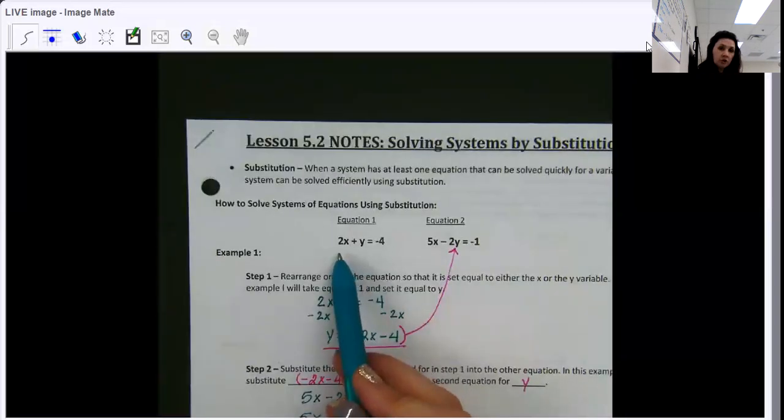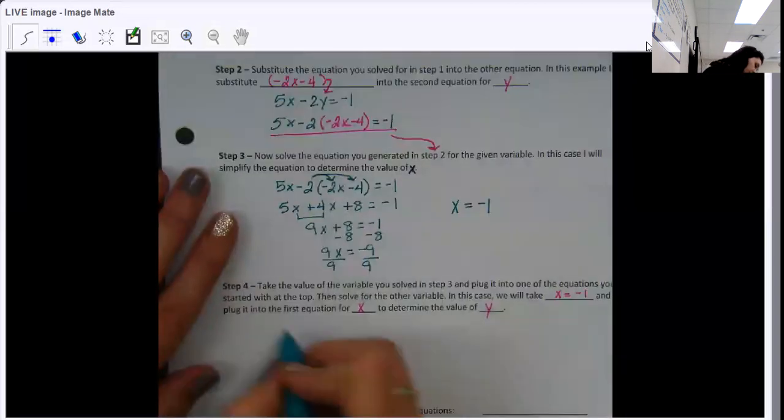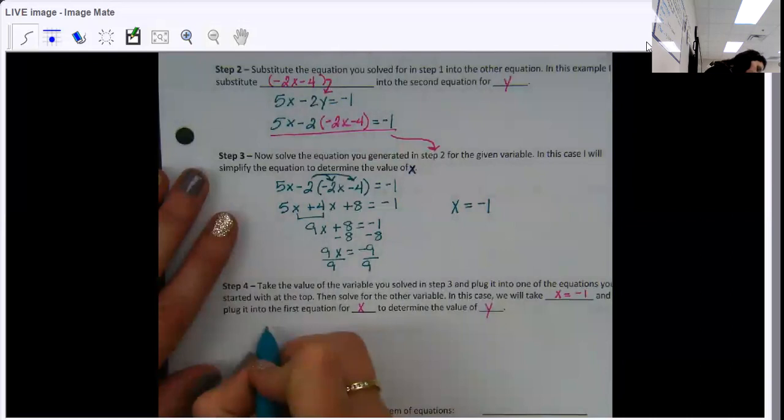So here's our first equation, 2x plus y equals -4. We are going to plug the -1 into where the x is. And now all we have is the variable y.